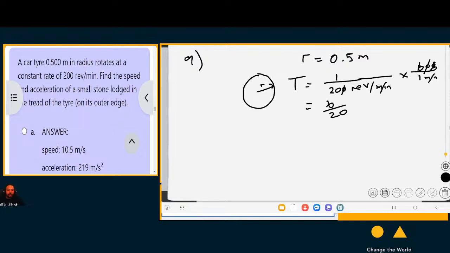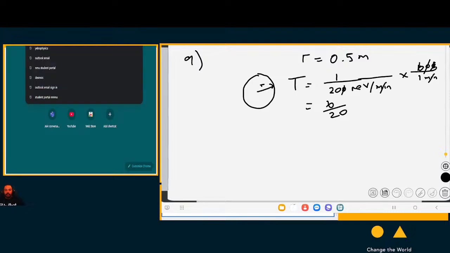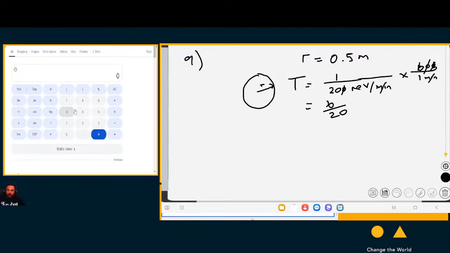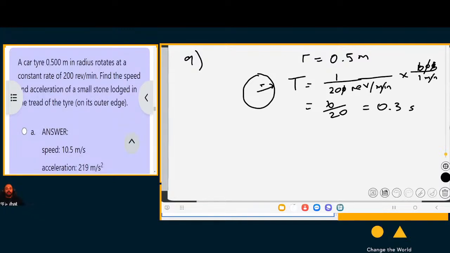Let me just check on the calculator here, so I can show you guys as well. 60 divided by 200 is 0.3. So 0.3 seconds is the time, that's what we've been given.